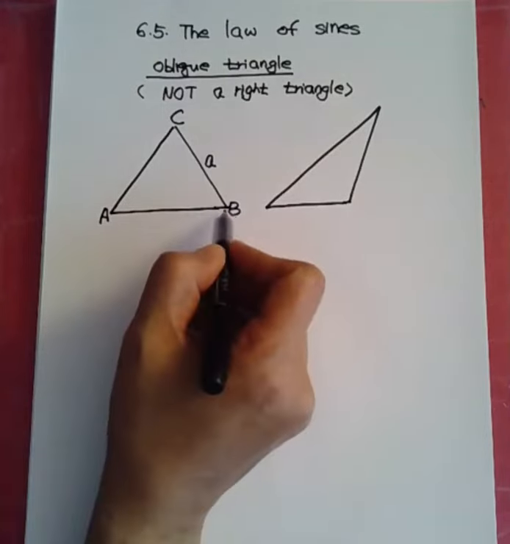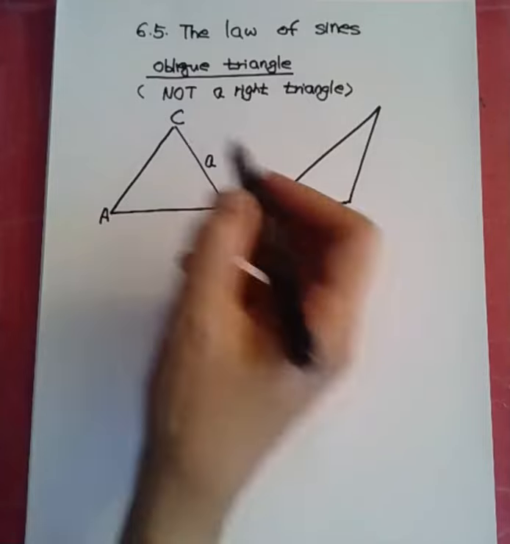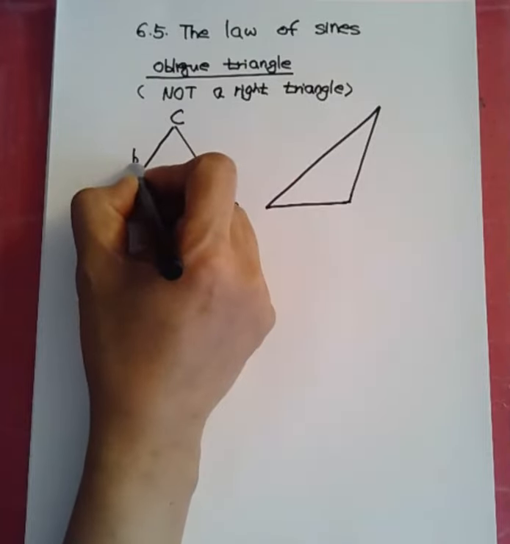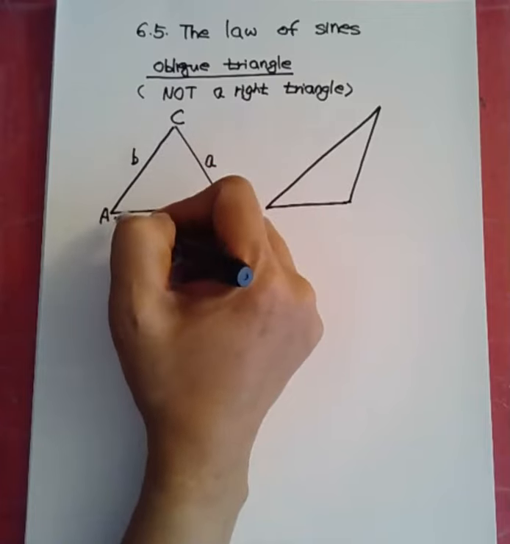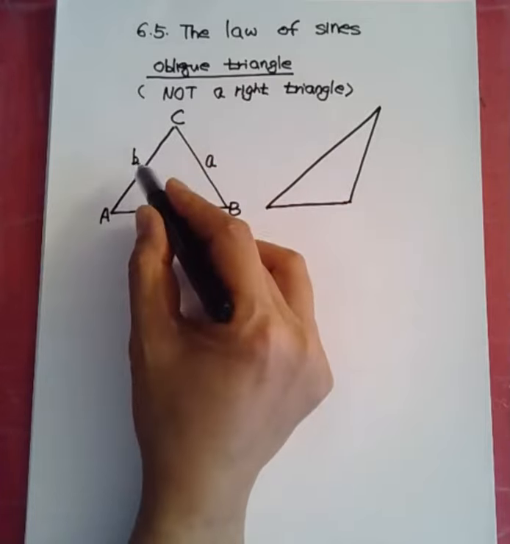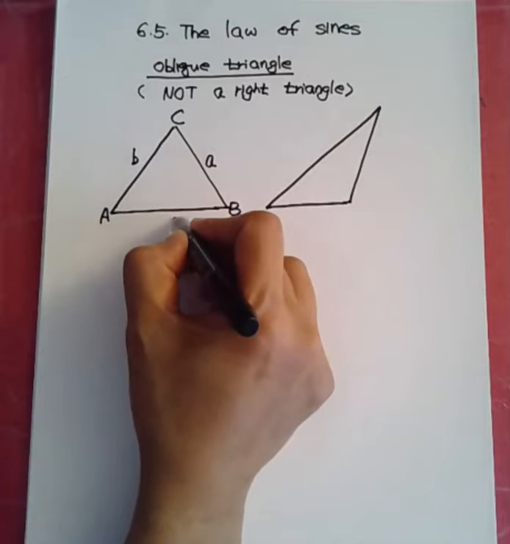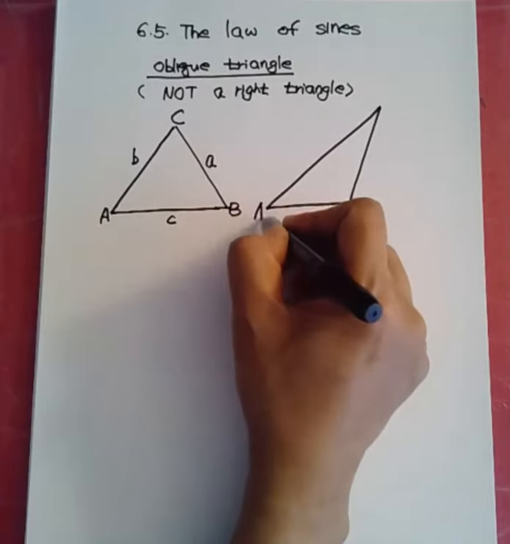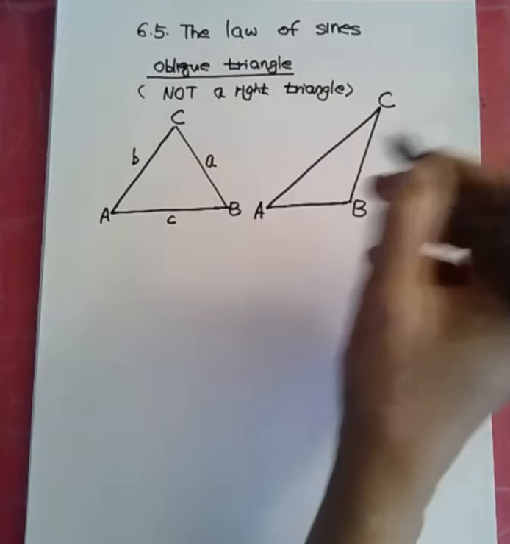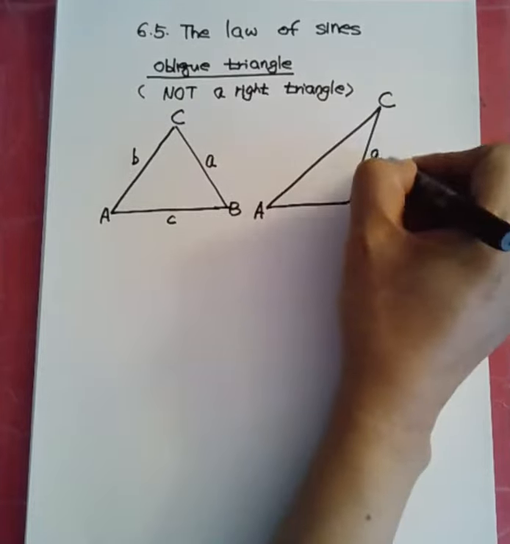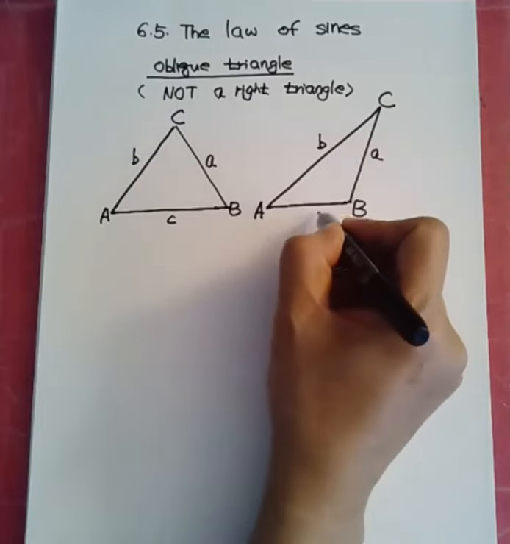And the same, this is capital B, and small b is written beside the side which is opposite to the angle B. The same with C. That is the rule we label the angles and corresponding side length.